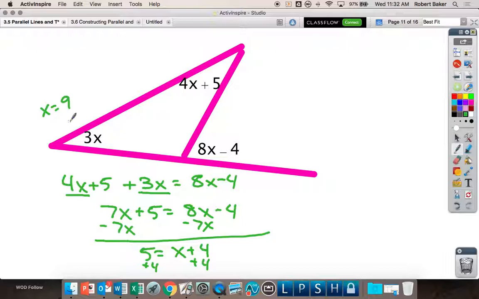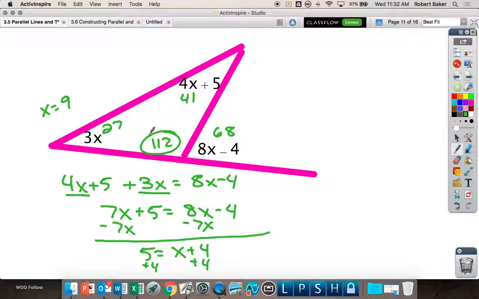Please check your work. 3 times 9. 4 times 9 plus 5. 8 times 9 minus 4. Does 27 plus 41 equal 68? Yes, it does. Now that I have that this angle is 68 degrees, now you can get in here and say that angle is 112. Cool, right?